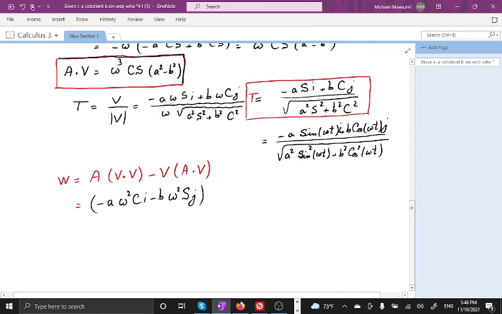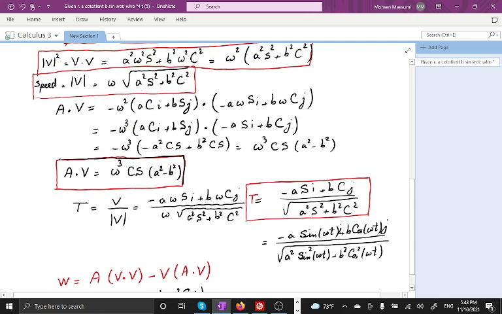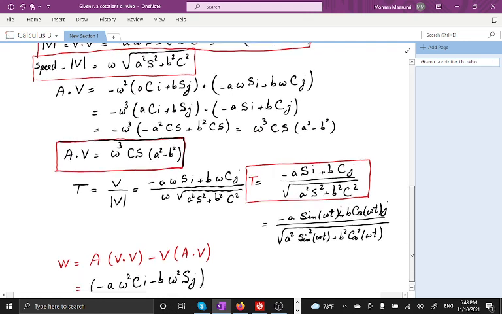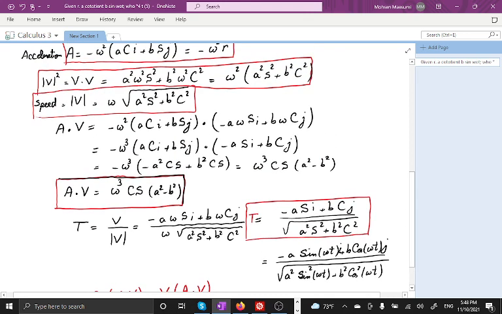V dot v, what was v dot v? It is this expression, so I'm going to write that. Omega squared, let me just multiply it through. I take omega squared and multiply it through with this thing.